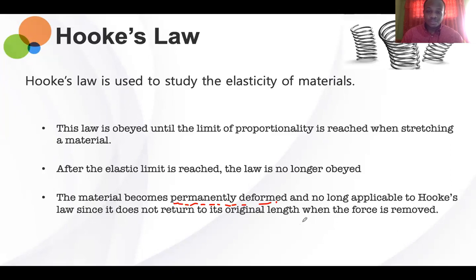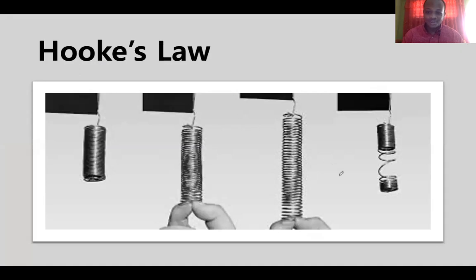I wish I had a picture that could show you what we're talking about. Oh well, we have one here. This is our original length, let's say 10 meters. Our spring here is not actually 10 meters, but for argument's sake, it's 10 meters.